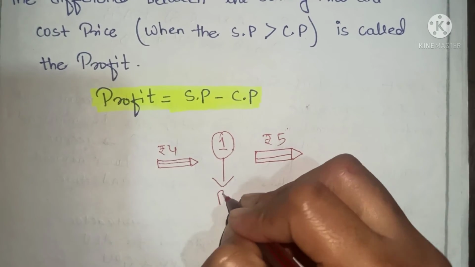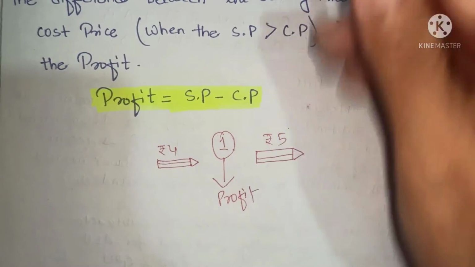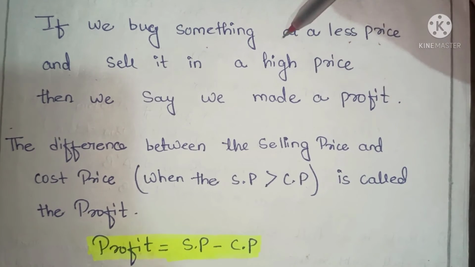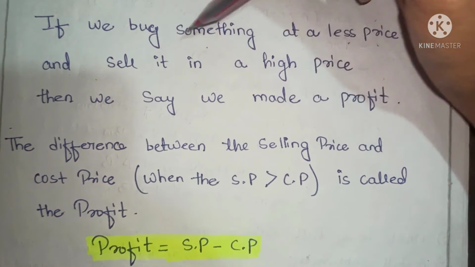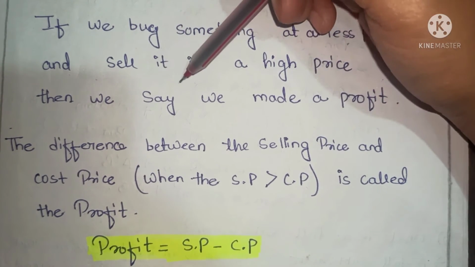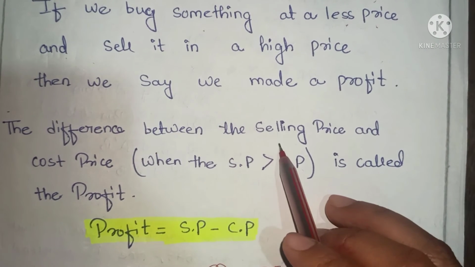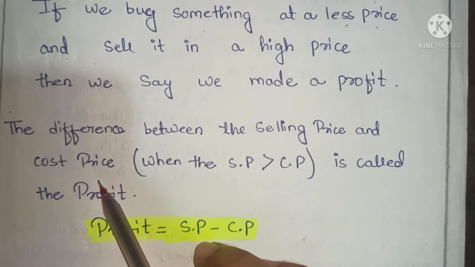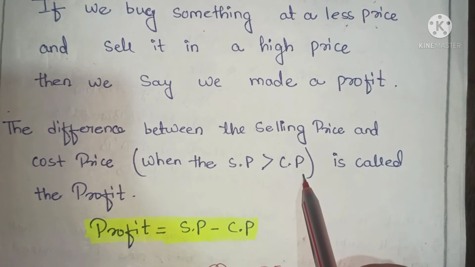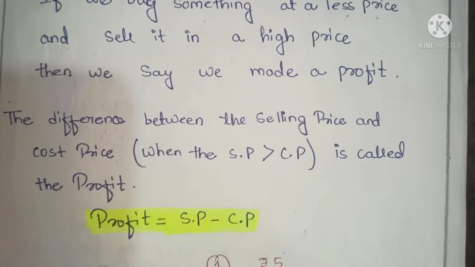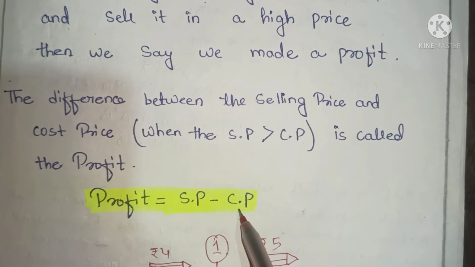So this extra 1 rupee is what? It is profit. Okay? So what is profit? If we buy anything at a less price and sell it at a high price, we say we made a profit. So the difference between selling price and the cost price when SP is greater than CP is called profit. So the formula for profit is SP minus CP.